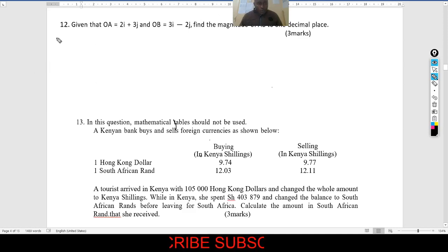First of all, we need to find the vector AB. To get our vector AB, we know it is B minus A. Our B is the column vector 3, negative 2, minus A, which is 2, 3.